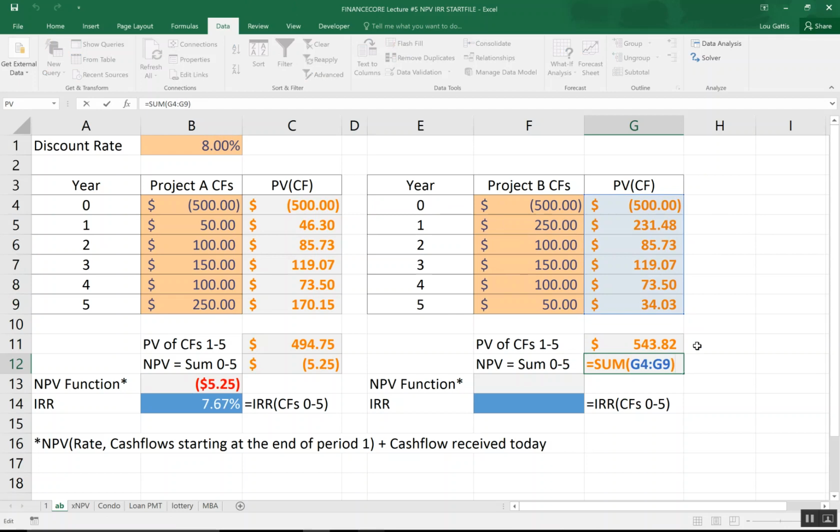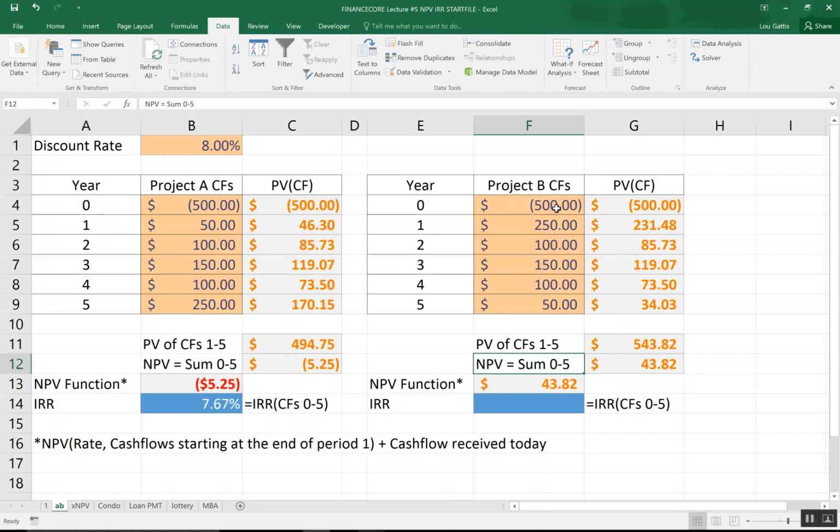If I add in the initial cash flow today, that is my NPV. And then I can use the NPV function to only look at the future cash flows, not the discounted ones. Well, I've got to put the discount rate in first. Discount rate, comma, future cash flows, and add back that first cash flow, which in this case is a negative number. There's my NPV.